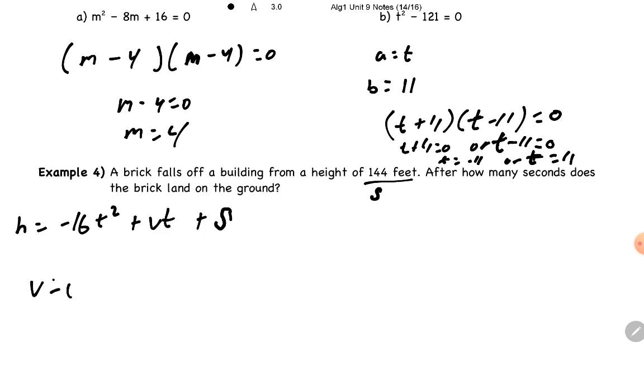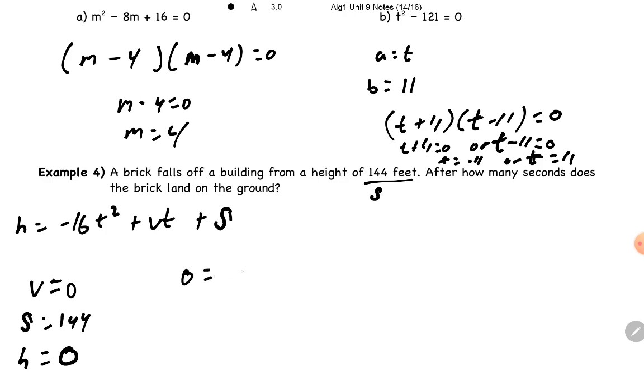Our initial velocity is 0. Our initial height is 144. And we're wanting to find out how long does it take to land on the ground. So our ending height, or the height after the time, is going to be 0.